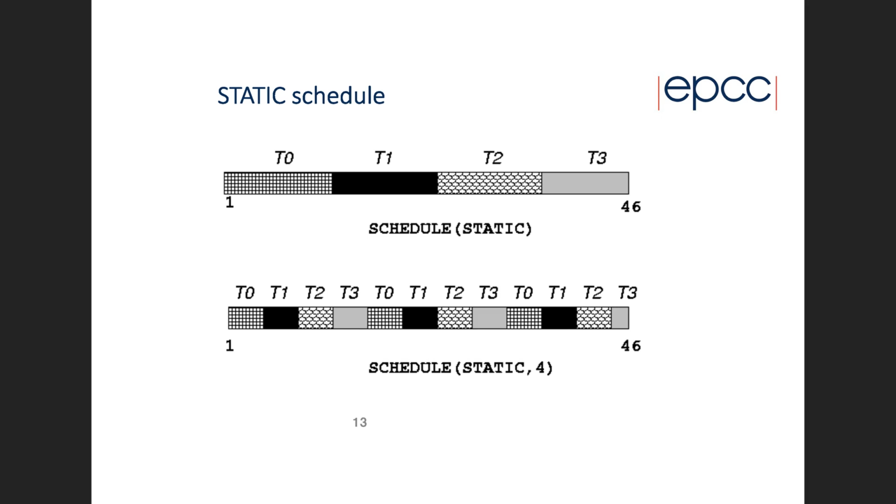So most likely thread 0 gets the first 12 iterations, thread 1 gets the next 12, thread 2 also gets 12, and thread 3 gets the remaining 10. If we do schedule static with a chunk size of 4, then thread 0 gets the first 4 iterations, thread 1 the next 4, thread 2 the next 4, and so on. And then we cycle round back to thread 0 again, and we just keep cycling through the thread numbers, handing out chunks of 4 iterations each until we get to the last chunk, which, if things don't divide nicely, may be smaller than 4.